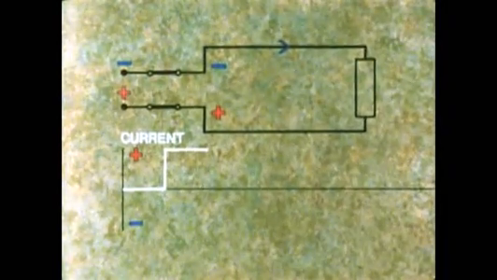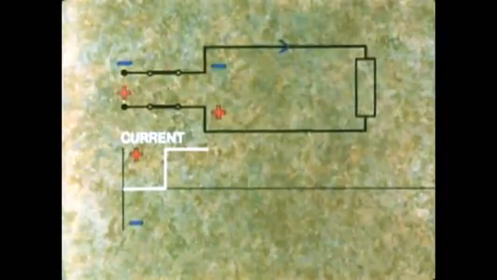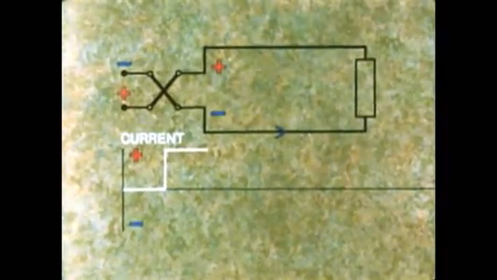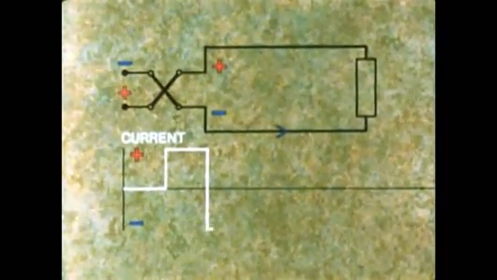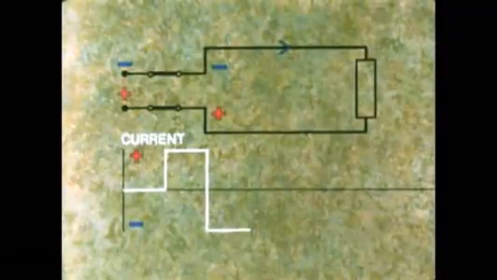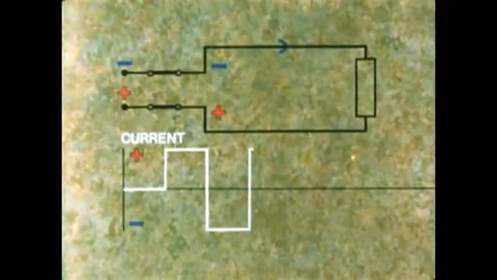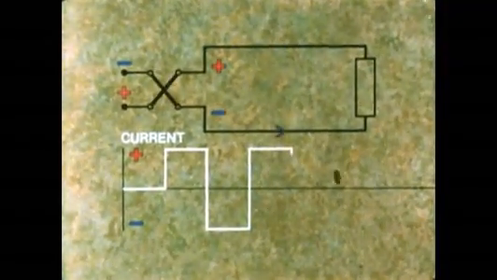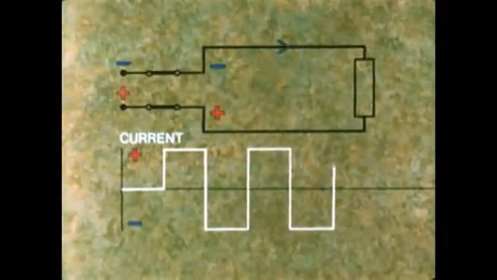We show it above the zero line. Then we quickly reverse the direction of the current so that we now have a similar negative current flowing, and we show that below the line. Every time the current reverses, the graph moves to the other side of the line. This is a waveform of a simple alternating current.